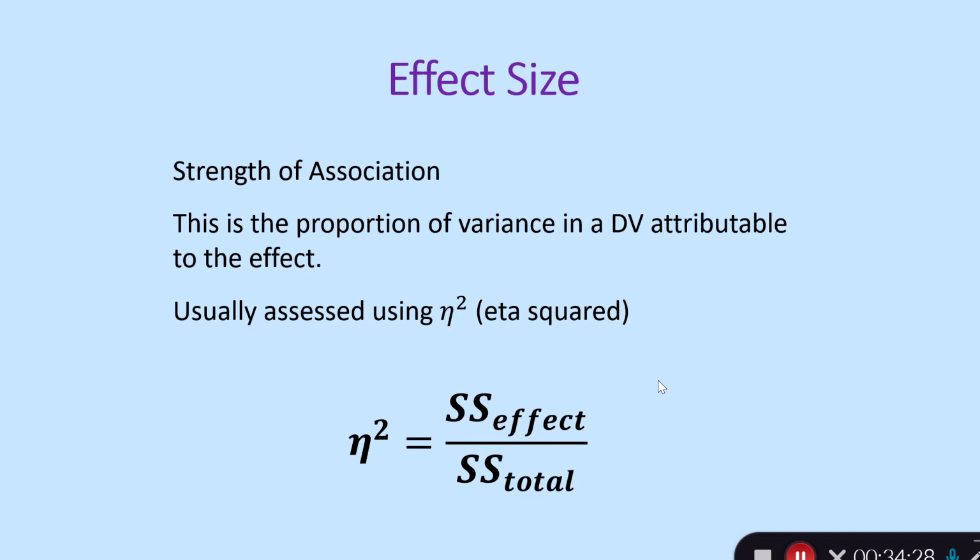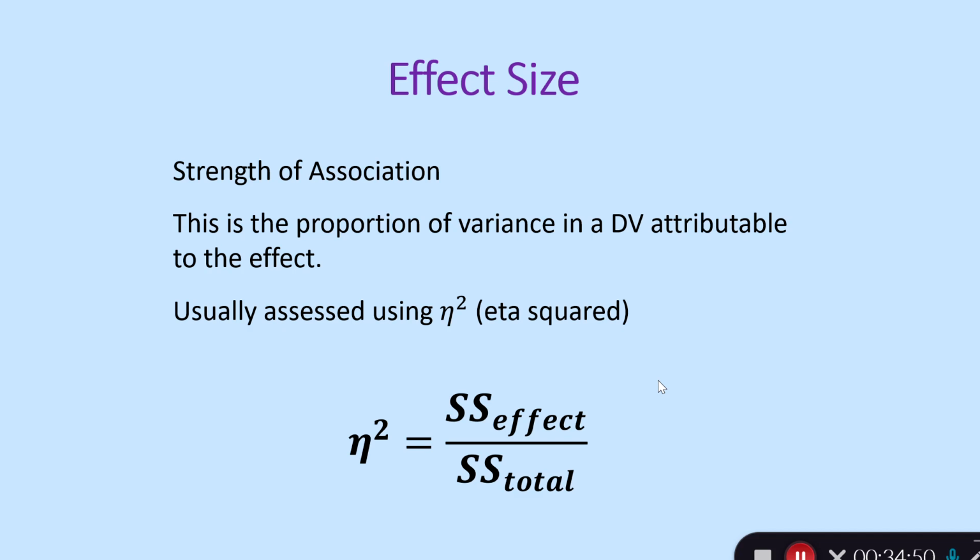The effect size in MANOVA, the most commonly reported one, is usually assessed with eta squared, and this is the proportion of variance in the DV attributable to the effect, so attributable to the differences between the groups in the IV.